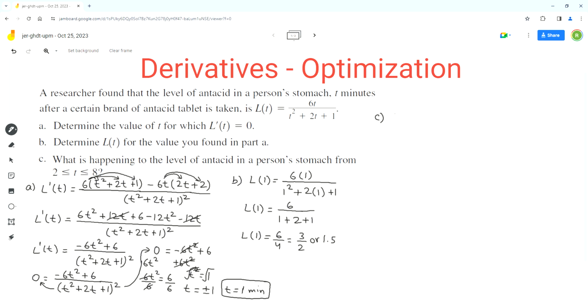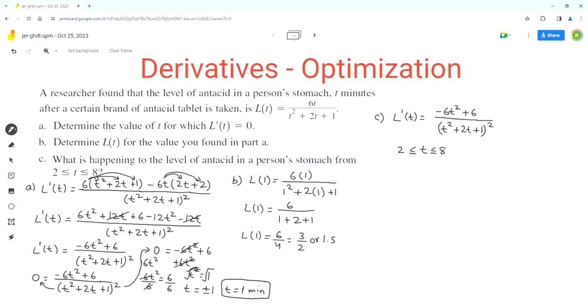So let's start by writing the derivative of L at t. L prime of t, we found it to be negative 6t squared plus 6 over t squared plus 2t plus 1 squared. Now we have to analyze this derivative over the interval that t is between 2 and 8.